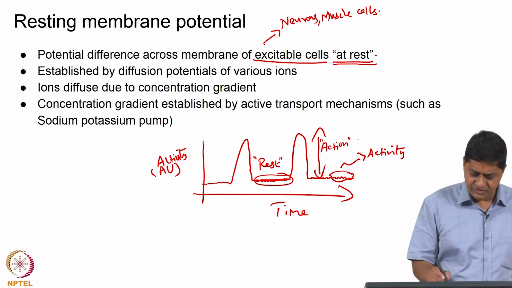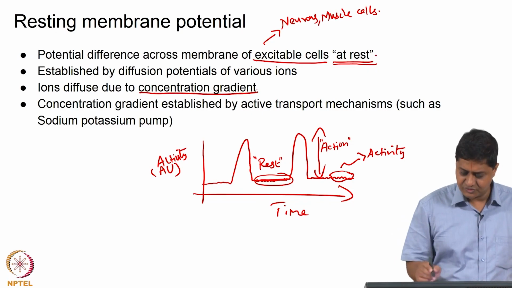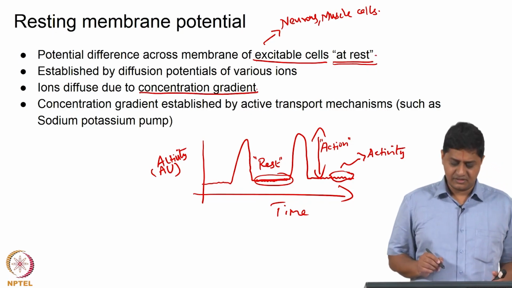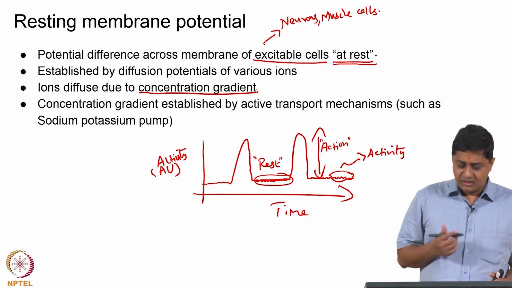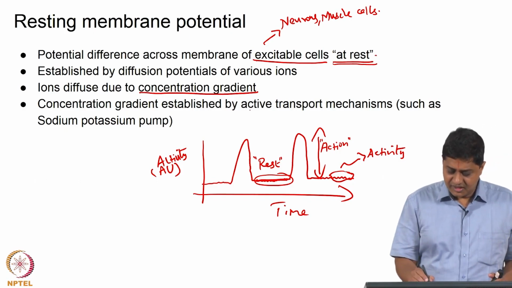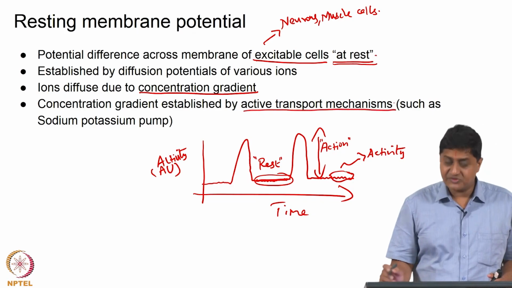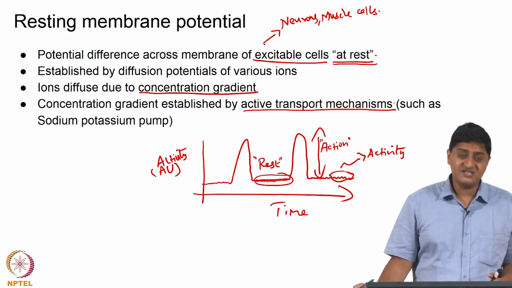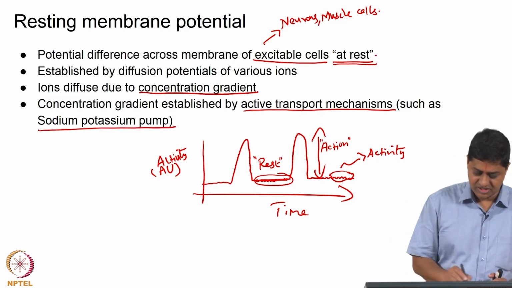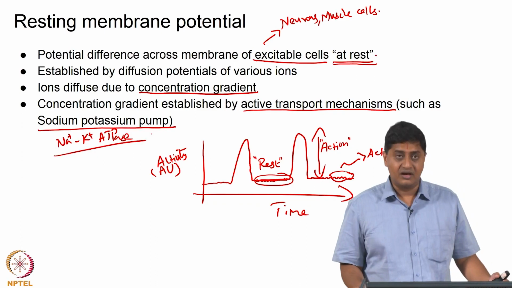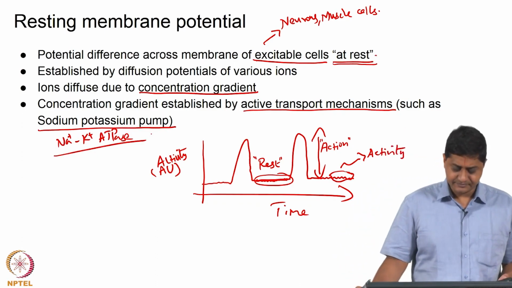So, why do the ions diffuse? I said earlier, the ions diffuse due to concentration gradient. The question is, how is the concentration gradient even established? The concentration gradient may be established by the presence of an active transport mechanism. We saw an example of an active transport mechanism in the previous class, that is the sodium potassium pump or the Na plus K plus ATPase, right.